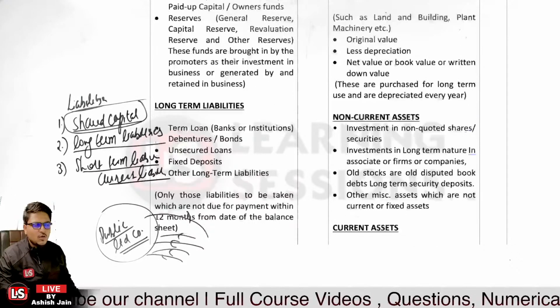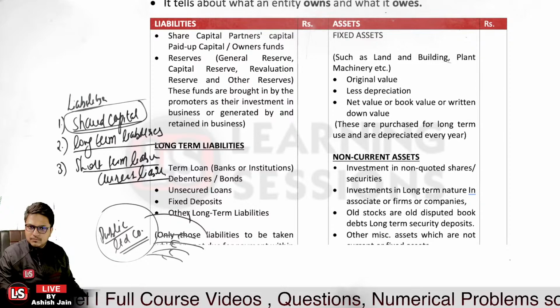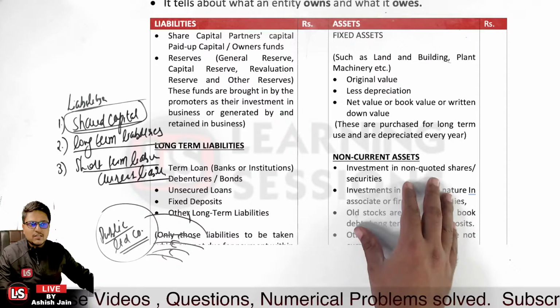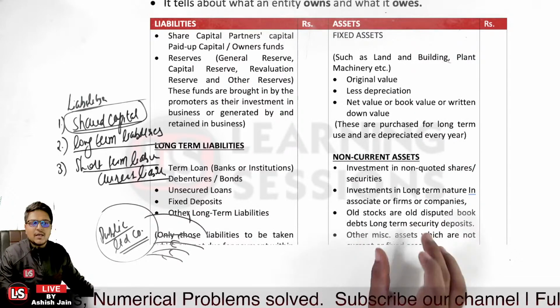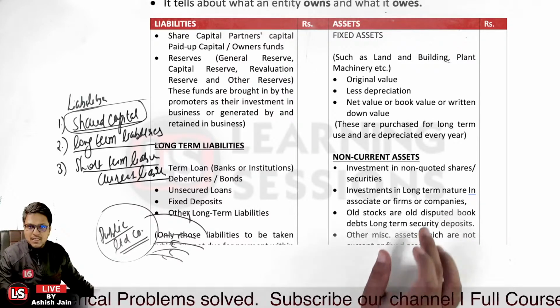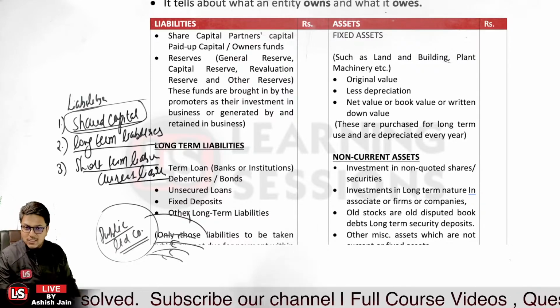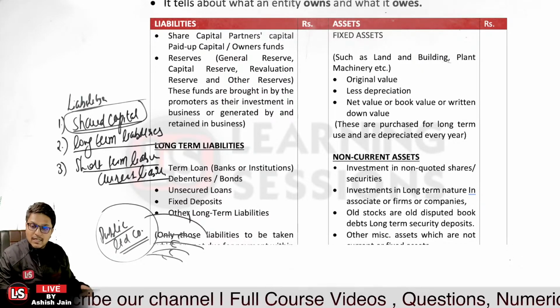Further, on the asset side, first of all, we are having the fixed assets, likewise the land, building, machinery, etc. That is the fixed assets. And further, we are having the non-current assets. It may be the case that you have invested the amount, but that investment is not of the fixed asset type, and you have invested the amount for a long period, longer than 12 months.